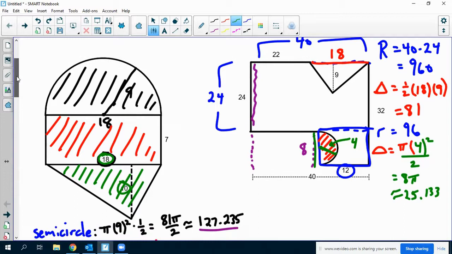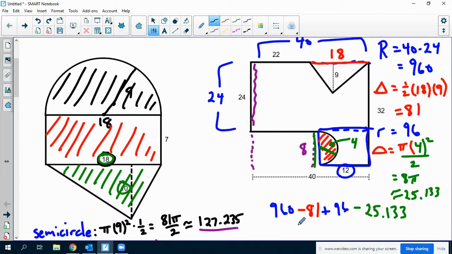I'm now going to add together everything. 960 minus this triangle, so minus 81, gets me the part on top that's inside the shape. Then I'm going to add 96, and I'm going to subtract 25.133, which is 8 pi basically.